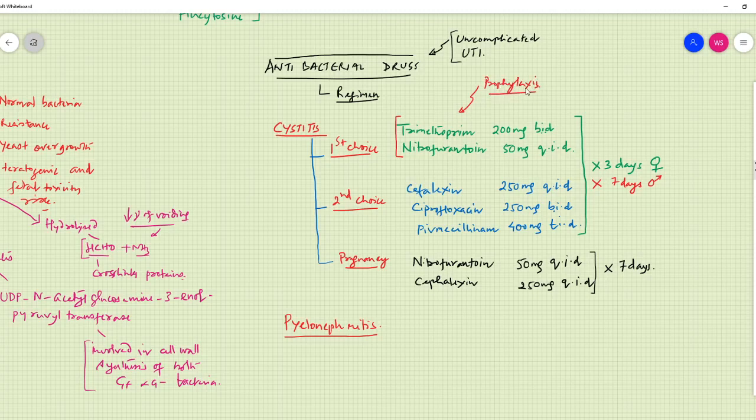What is prophylaxis? It means prevention, to prevent relapse. So there are two things that we need to remember here.